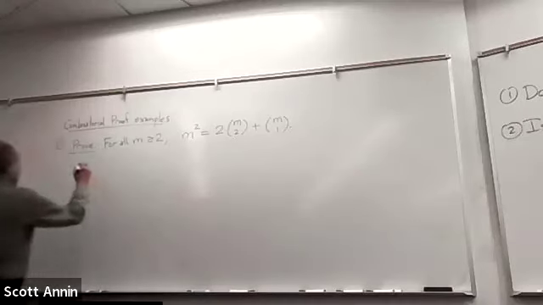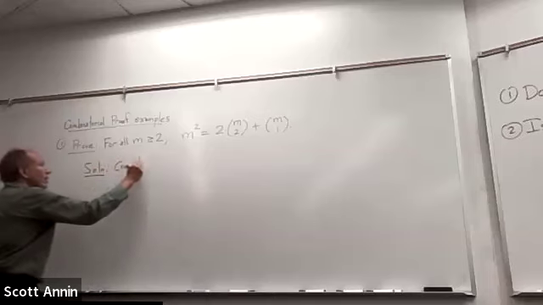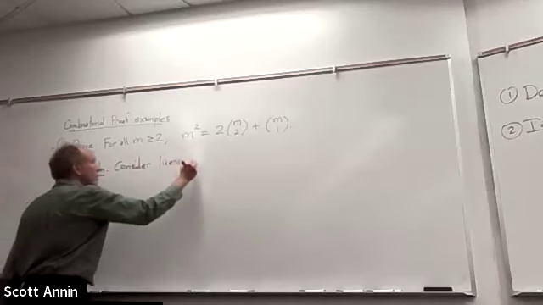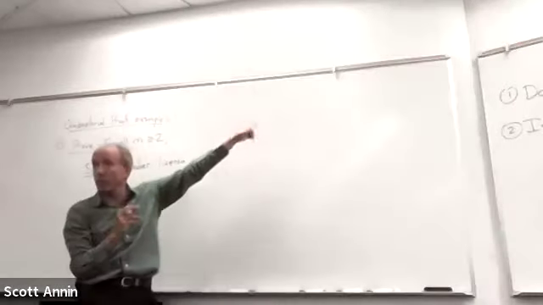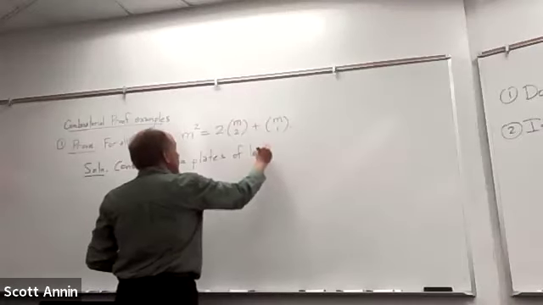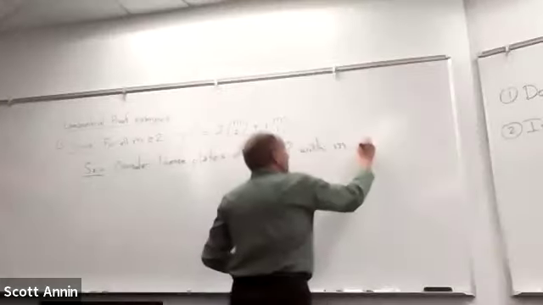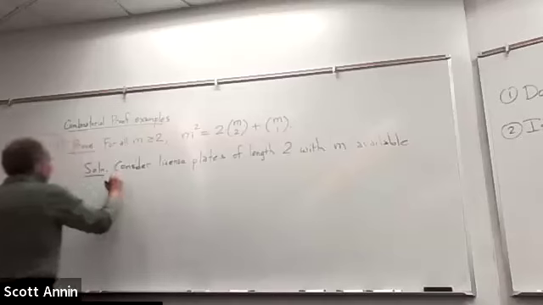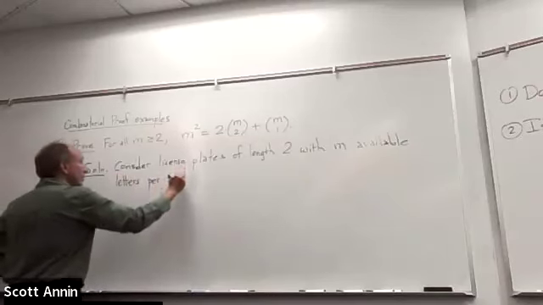So let's do that. So for the solution, consider license plates. And I haven't even thought about the right-hand side yet, so I'll have to come back to that. But for right now, consider license plates of length 2 with m available letters per slot.